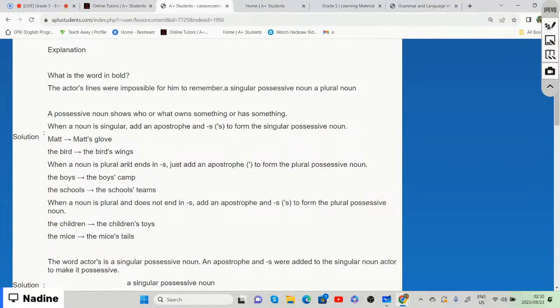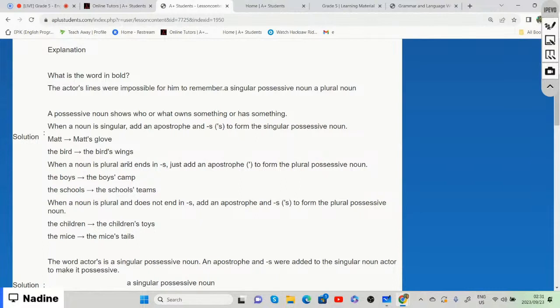And when a noun is singular, we just add an apostrophe and s. We will put an apostrophe and s when you show possession, right? Because remember, if you just put the s, then you are basically just showing it's plural.